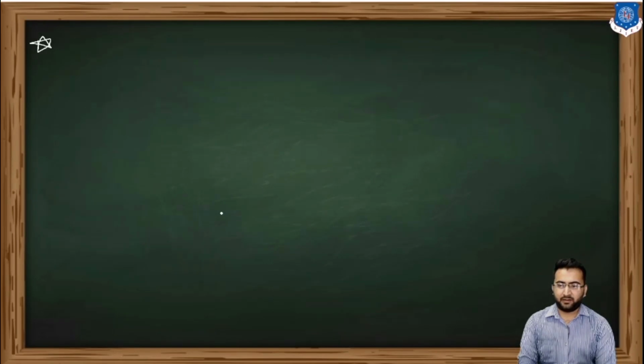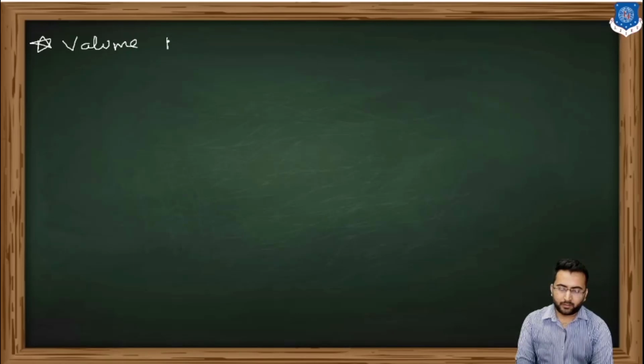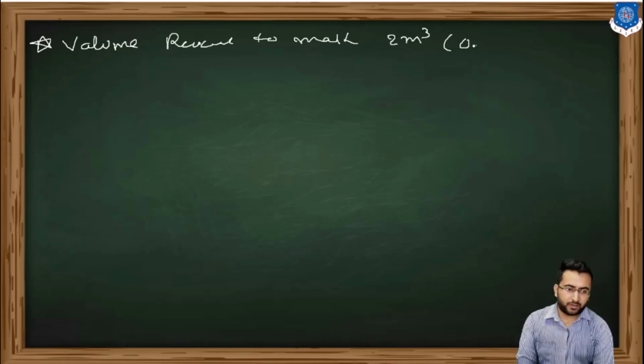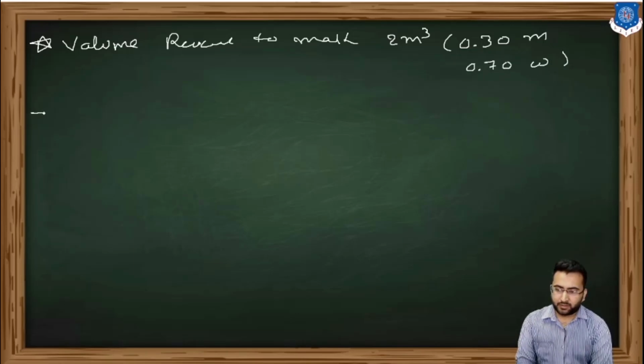So let's find the volume required to make 2 meter cube solution, in which 30% is methanol and 70% is water. So let's first calculate for methanol.